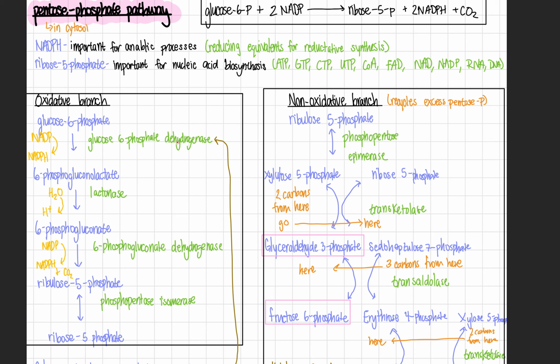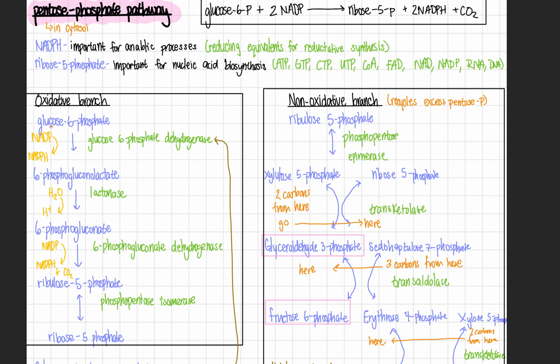Since we're using a dehydrogenase enzyme, at this step we're going to take NADP and convert it to NADPH. So already you can see that we have formed our first NADPH. Another thing that I have noted about dehydrogenase is that typically the name in front of dehydrogenase is the molecule that is being dehydrogenated.